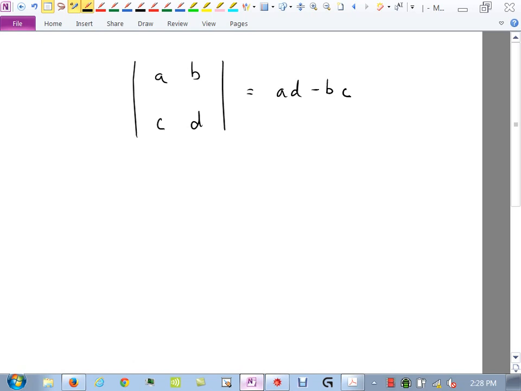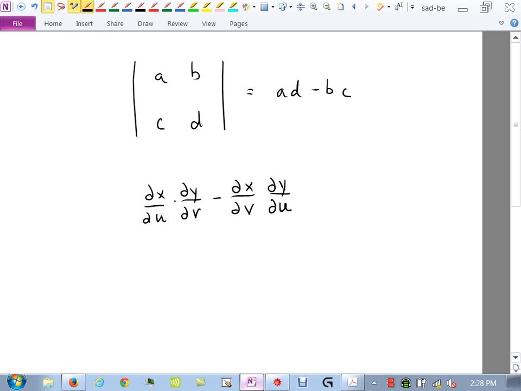Well, for us, if you look at the formula we have, this is what we have: partial x with respect to u times partial y with respect to v minus partial x with respect to v times partial y with respect to u.